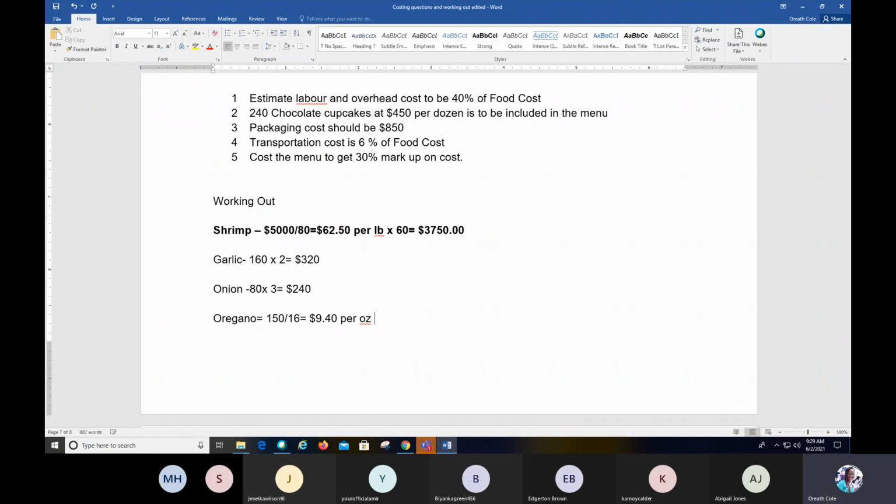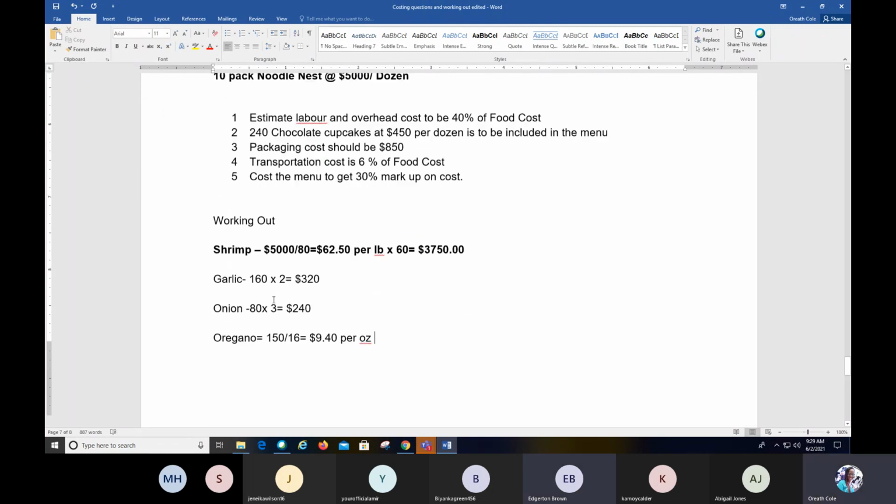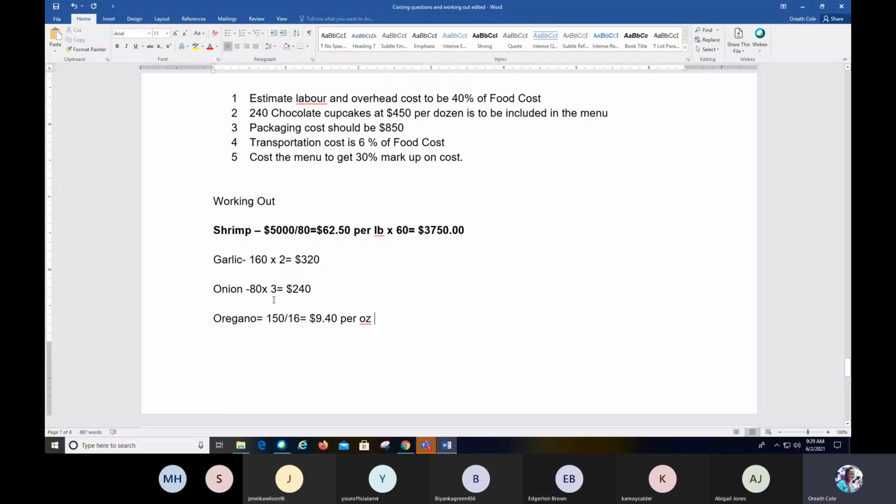So what we need to find out is how many ounces? 12. So what are we going to do with this $9.40? Multiply it by 12.